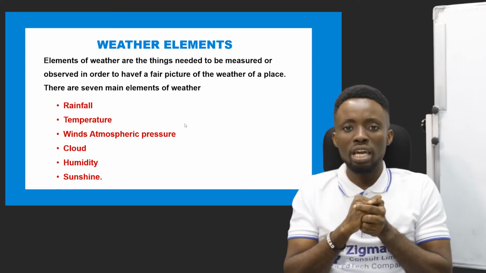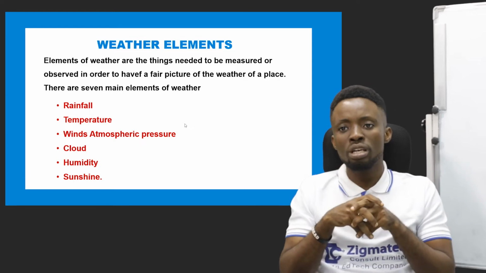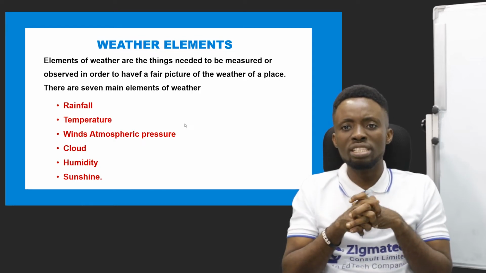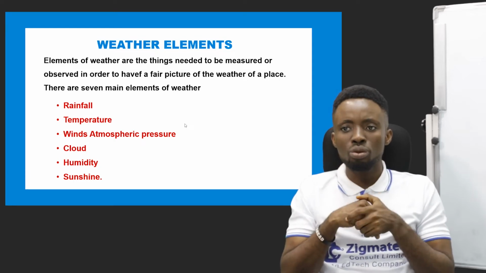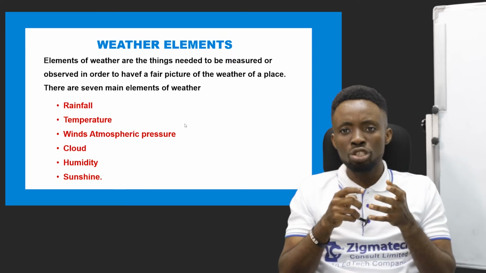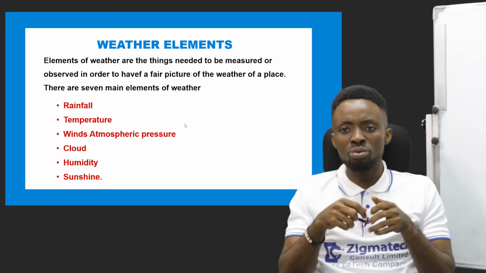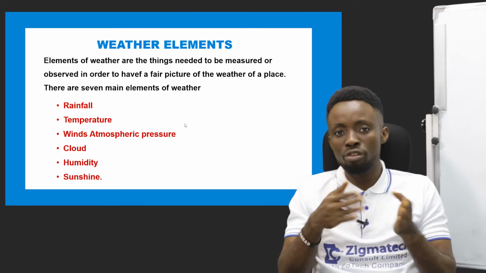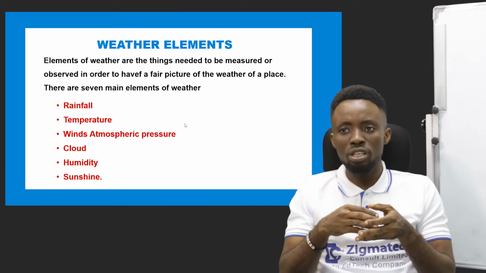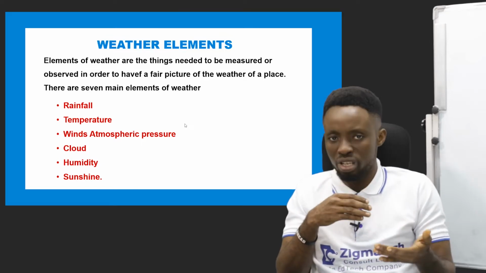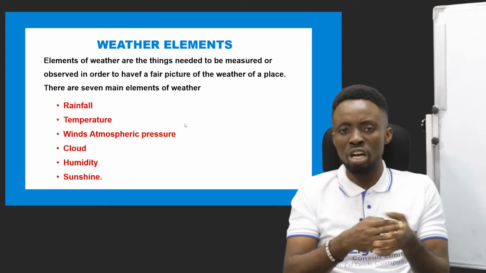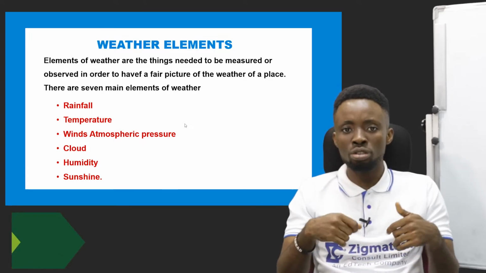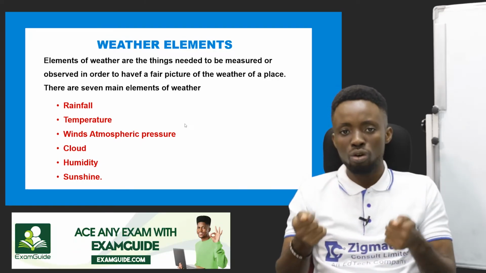Now, when we say elements of weather, we are talking about the things that we need to measure or observe in order to get a fair picture of what the weather of a place is. So anything we need to measure or observe to describe the weather of a particular place is called an element of weather.